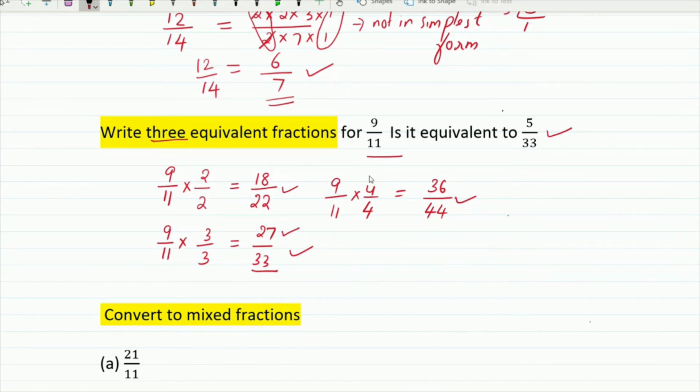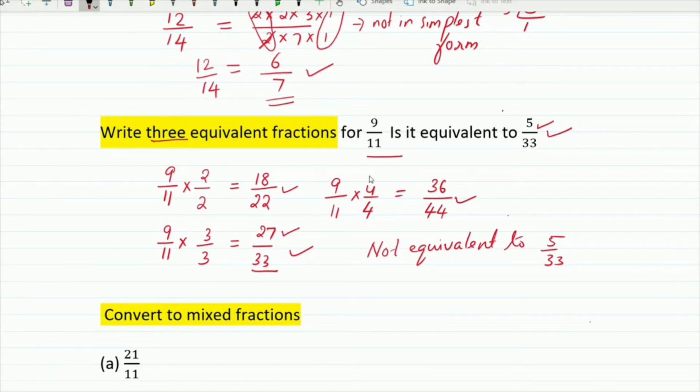In this question it is given 5 by 33, so the answer is no. It is not equivalent to 5 by 33. It is equivalent to 27 by 33.